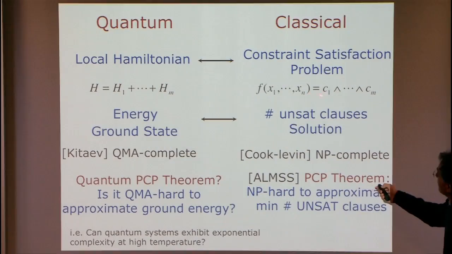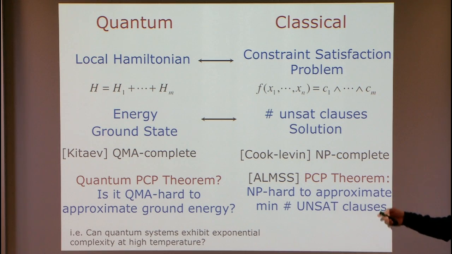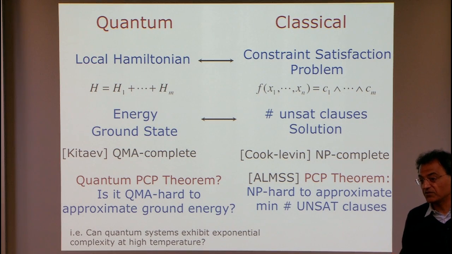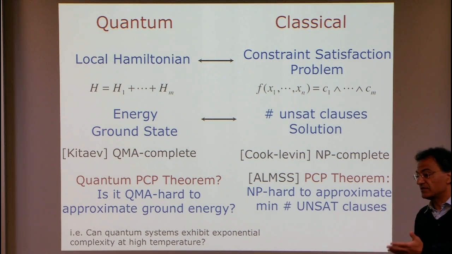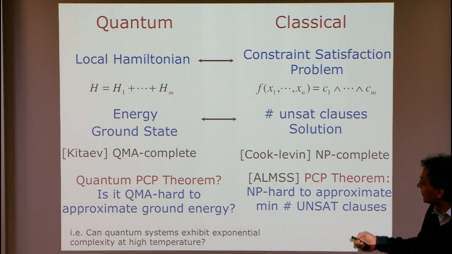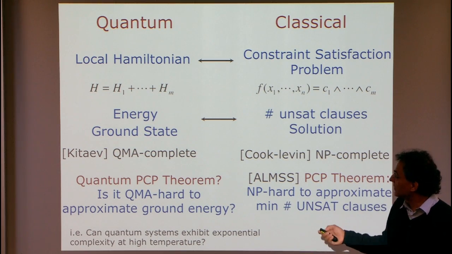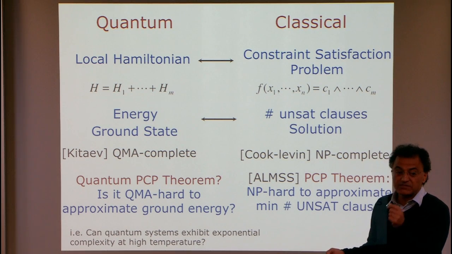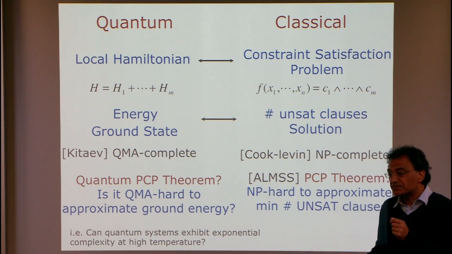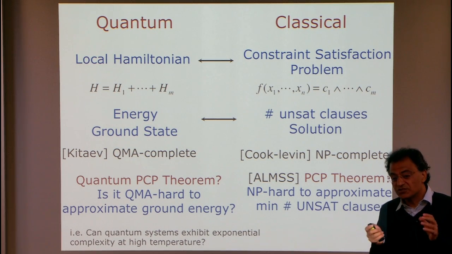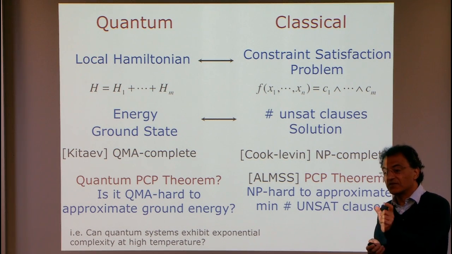Okay, so the point is that if you're given a classical satisfiability problem, even though satisfiability is hard, and we don't know any sub-exponential time algorithm, if somebody were to solve the problem and say, I know a satisfying assignment, they could just hand it to you, and this would be n bits of information, which would be completely convincing. For this QMA complete problem of local Hamiltonians, where you're trying to approximate the ground state energy, the claim is that there is no such short classical description that's going to convince us.